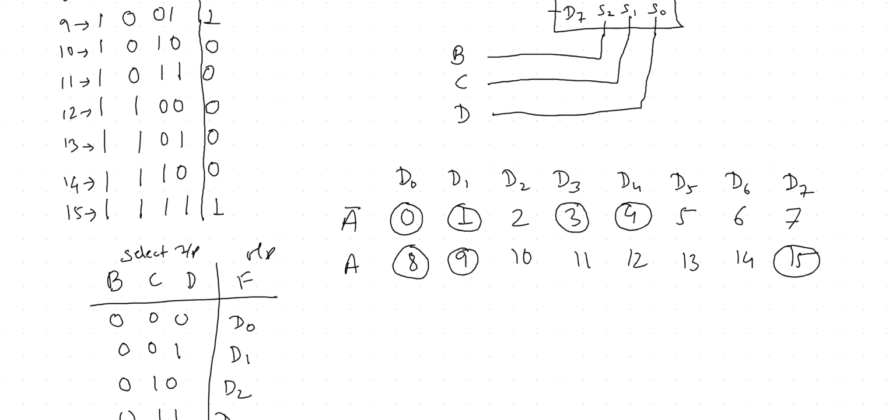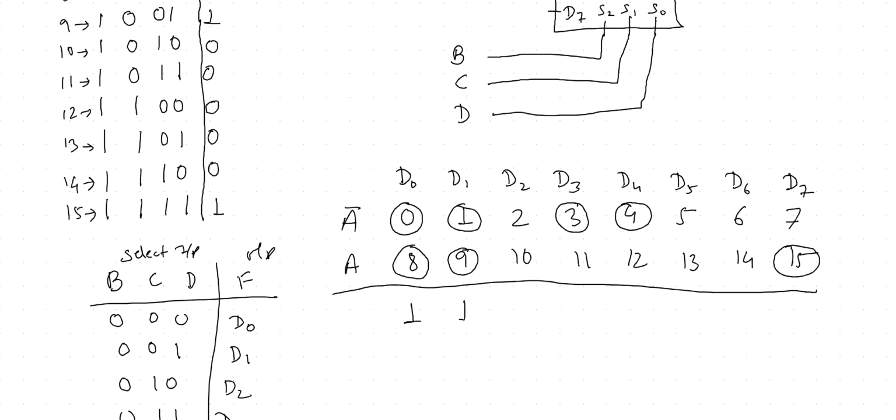Okay. After that, the next process is if there is a circle in place of A bar and A both, that value will be 1. So here for the D0 position, we can see both A bar and A are circled. So here it is 1. Same in D1, both positions are circled, so it is 1.